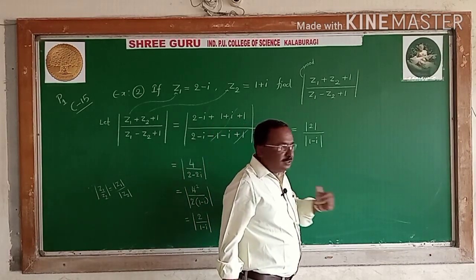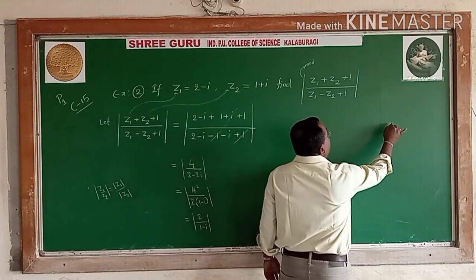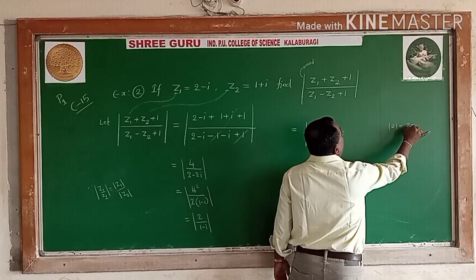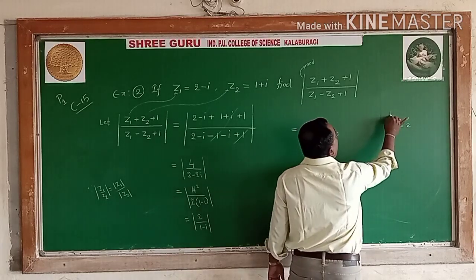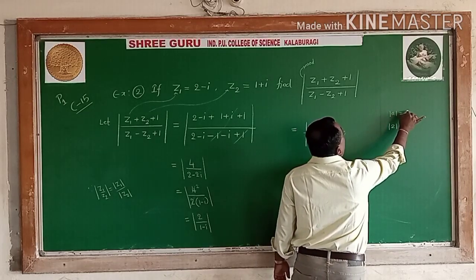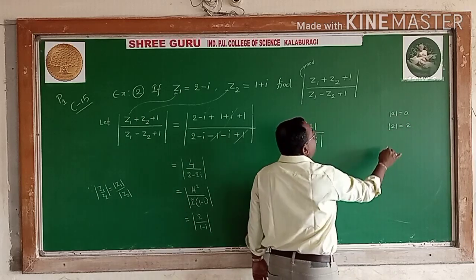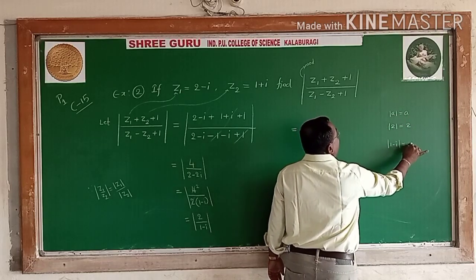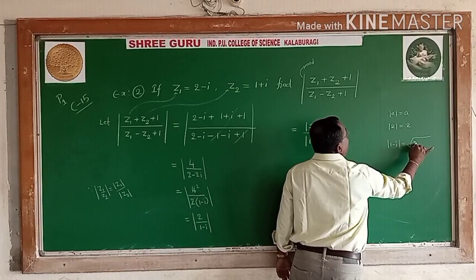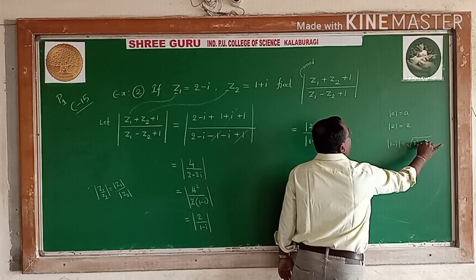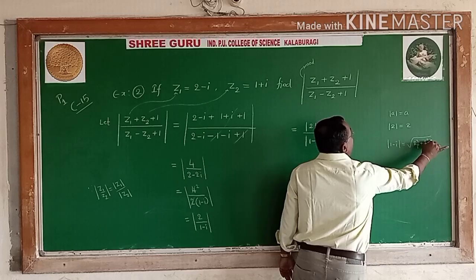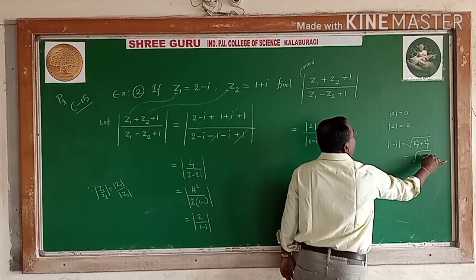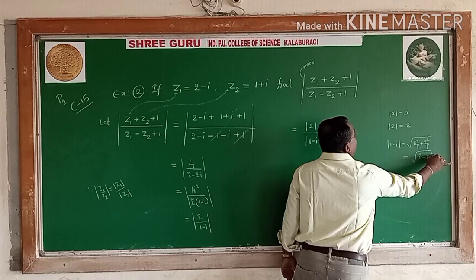Do you know that the modulus of 2 is equal to what? 2. Understood? The modulus of a is equal to a. Here the modulus of 1 minus i is what? Square root of, by the modulus definition, real part square plus imaginary part square. Real part is 1 square, imaginary part is minus 1 whole square.